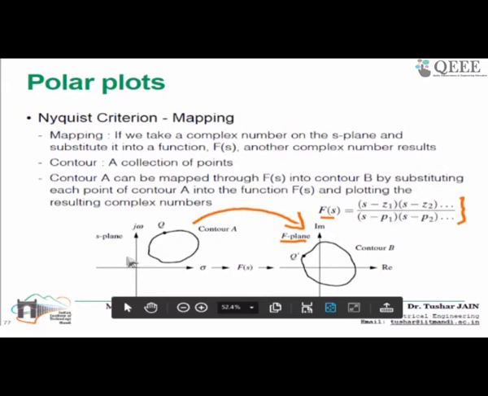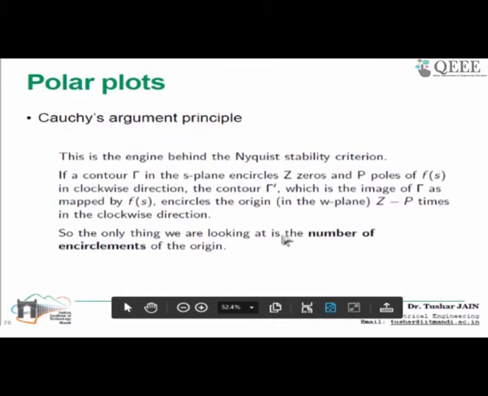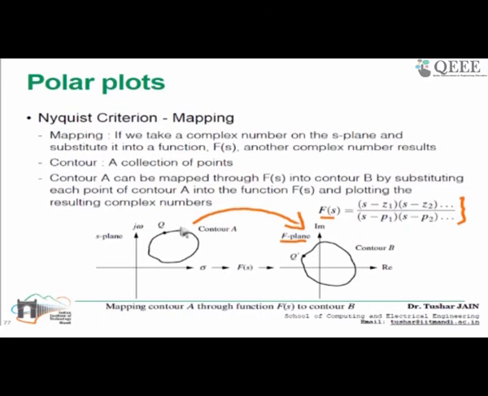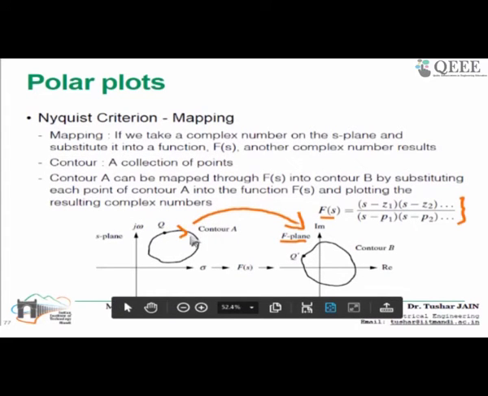This is how you map from the S plane to another plane, the F plane. We'll see this while taking a couple of examples. This is the engine behind the Nyquist stability criteria. What do we say? If a contour big gamma in the S plane encircles Z zeros and P poles of F(s) in the clockwise direction, basically the clockwise direction is associated with it also.